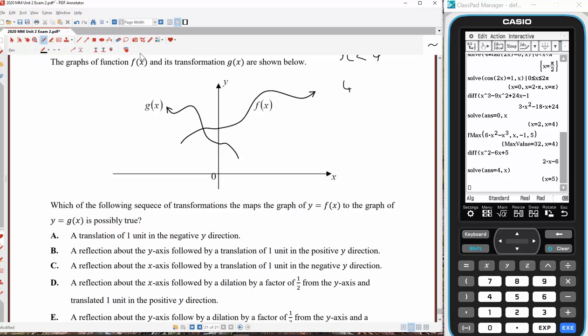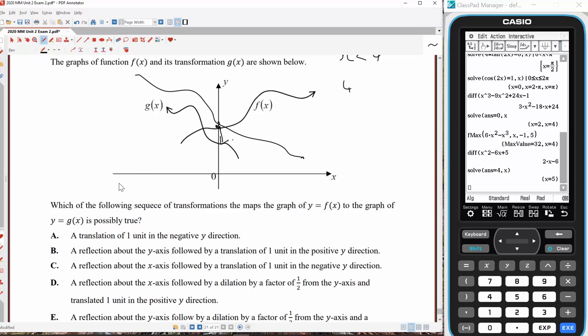Okay, so we've got function f of x and its transformation g of x. The function started at f of x and it's turned into g of x. And if you can see here, it's been reflected in the y-axis, and then it's been dilated by a factor from the y-axis and it's gone down 1 unit.